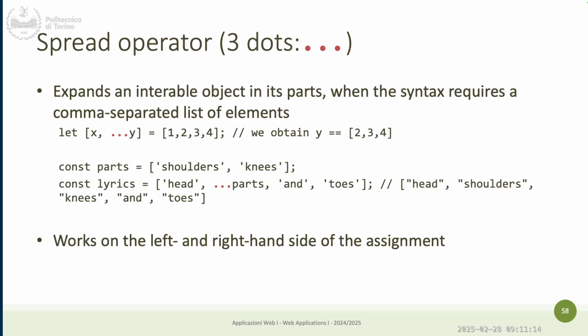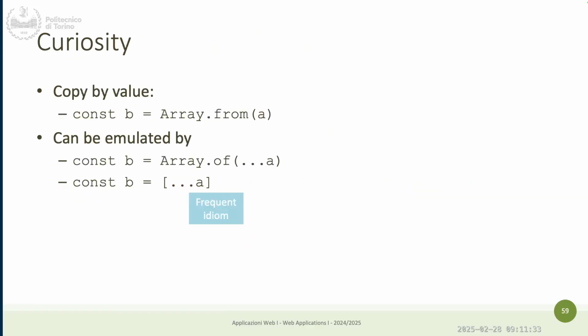So the operators on arrays cater for many other syntactic structures that in other languages are necessary, and here are just ways of using arrays. So it may seem strange at the beginning, but then they're very flexible. This is the syntax that we already saw before. That's not the most frequent way I would use to copy a value.